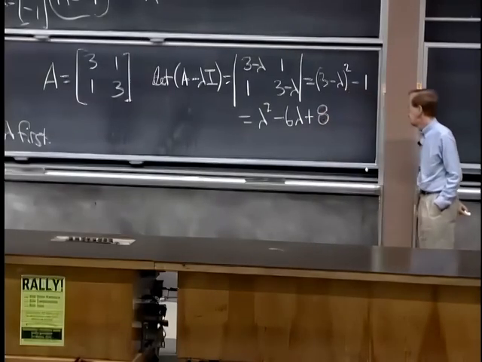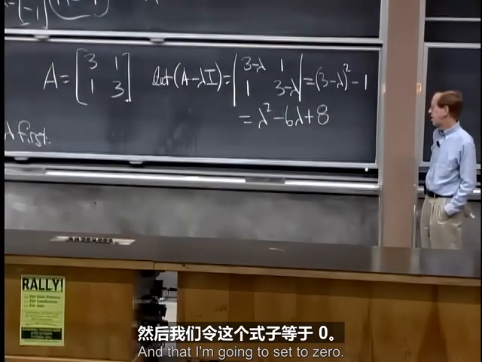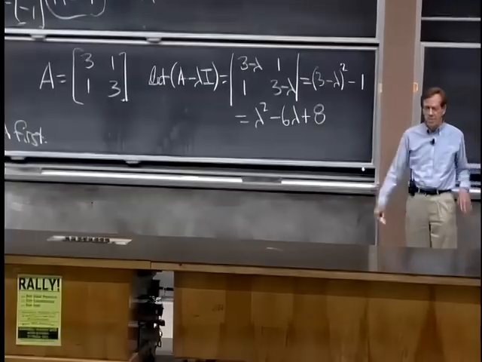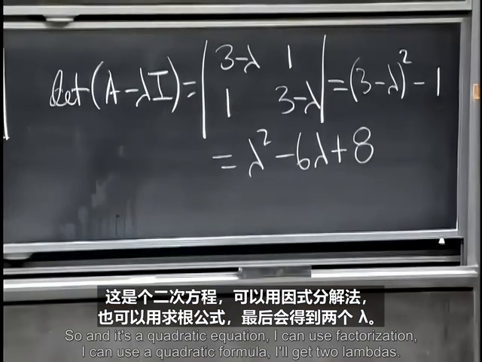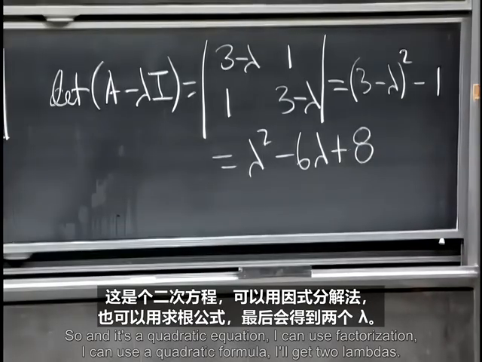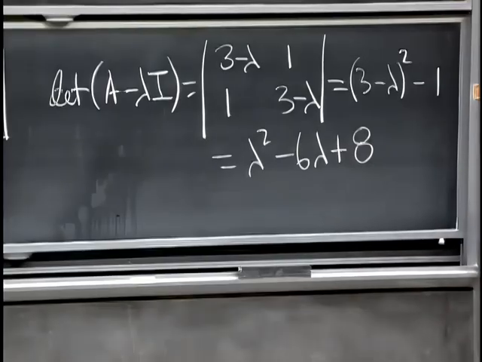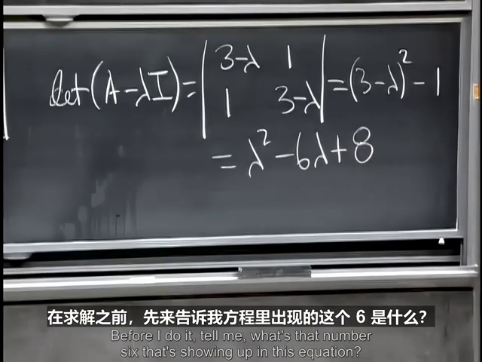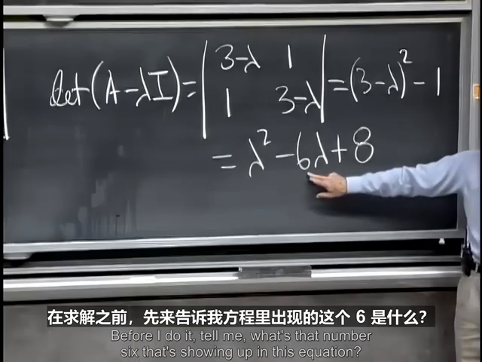And that I'm going to set to 0 and solve. It's a quadratic equation. I can use factorization. I can use the quadratic formula. I'll get 2 lambdas. Before I do it, tell me, what's that number 6 that's showing up in this equation?